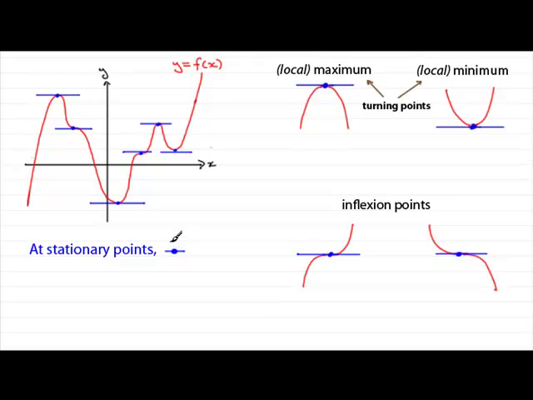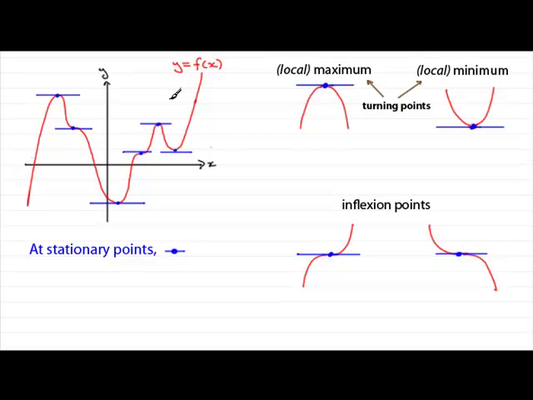Well, gradient, if you've got an equation for a curve in the form y equals f of x, you get gradient by differentiating the curve with respect to x, finding dy by dx, or some of you might know it as f dash x.